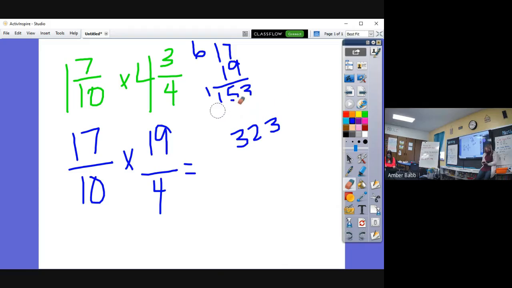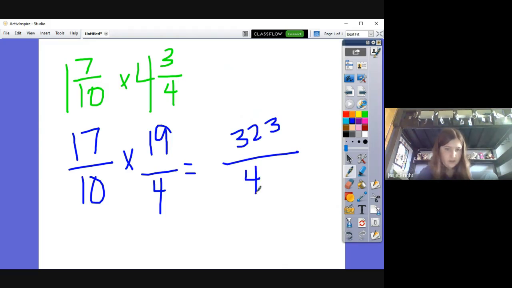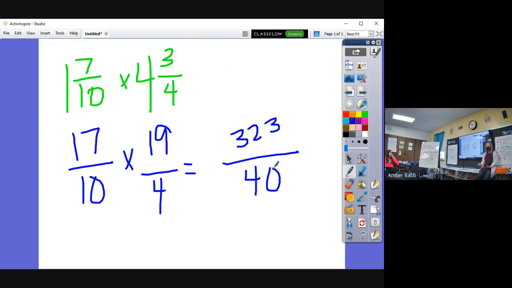Josie promises me this is going to get easy here in a minute. If you know your multiplication facts, it's pretty easy. 40. Oh, I see what you're saying. How many times does 40 go into 323? 8 times. Some of you really quickly spouted out 8. How did you know that 40 goes into 323 8 times?